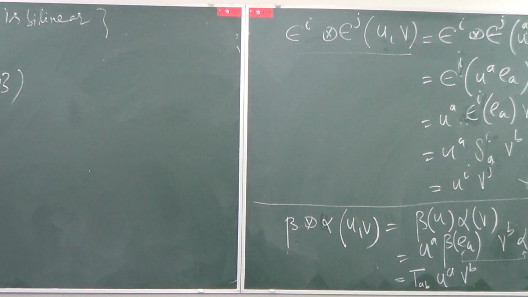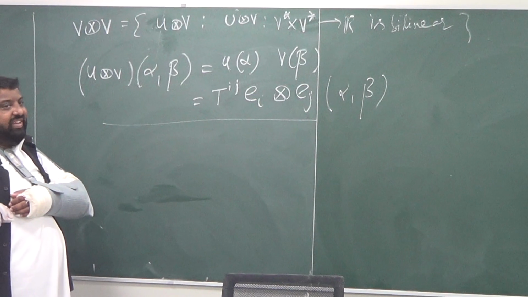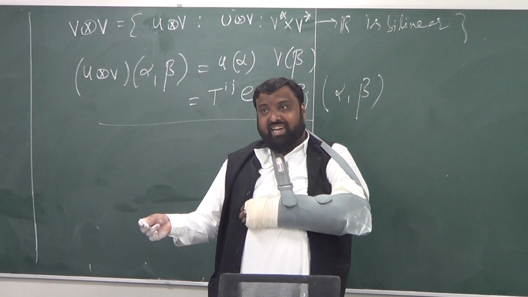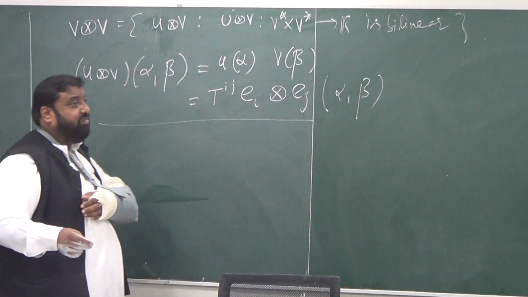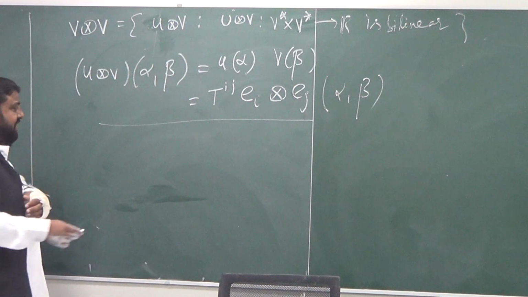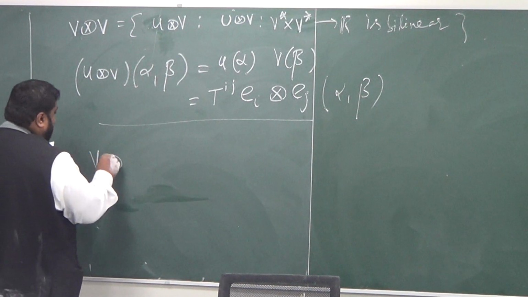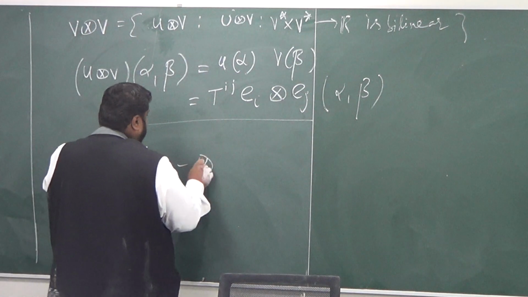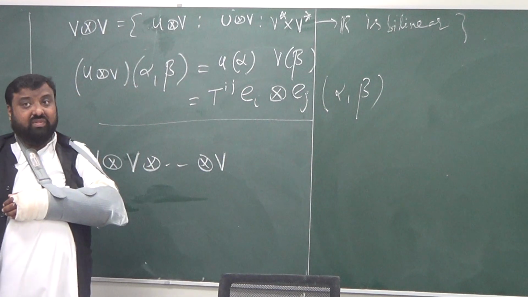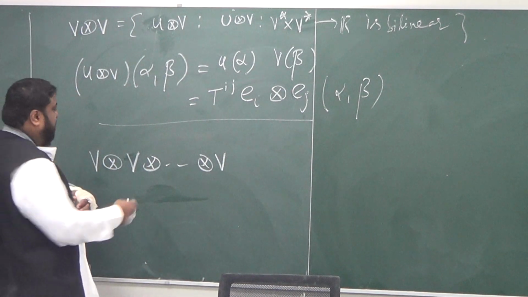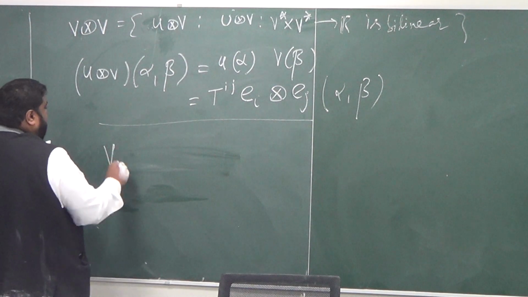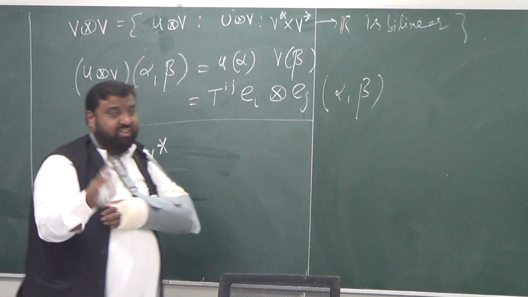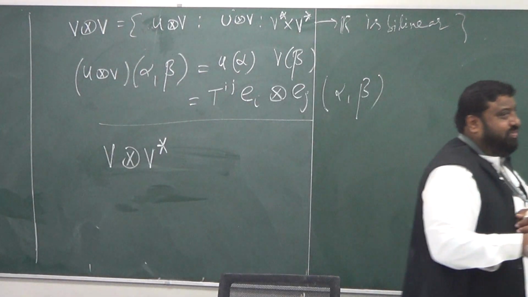Now, what would be a generalized tensor product space? How is it going to look? You take R copies of V. But before doing that, shall we not do, for example, the tensor product of V with V star first and then generalize it, rather than going too fast?